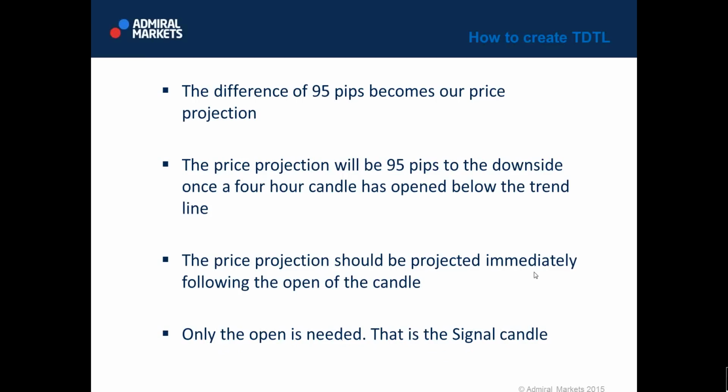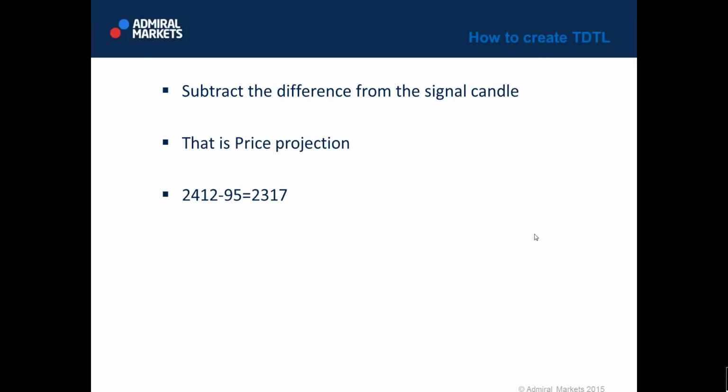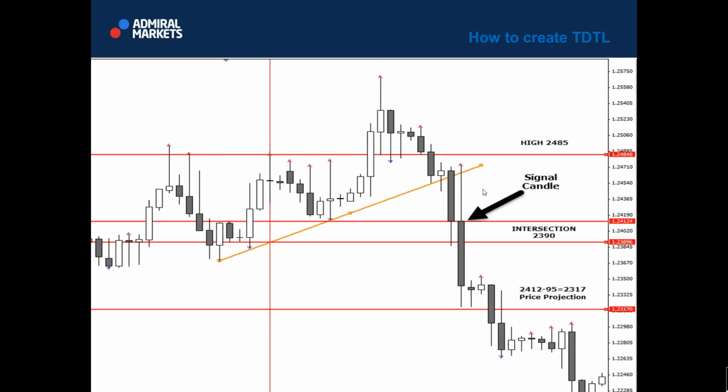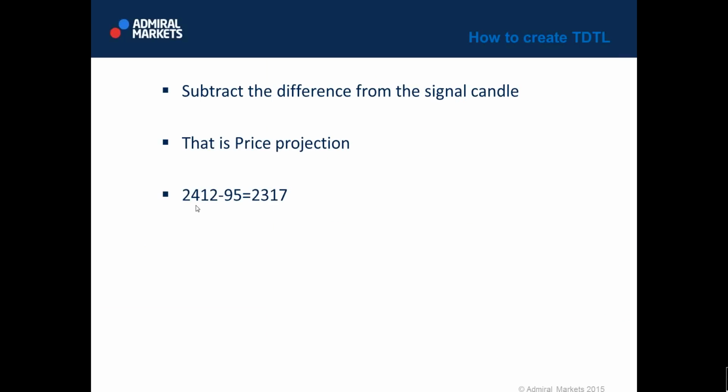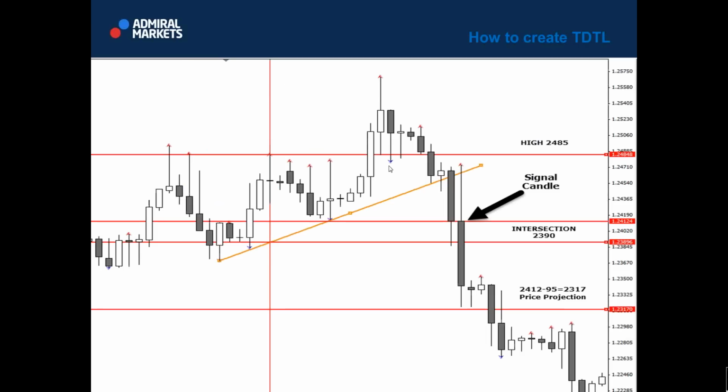Now subtract the difference from the signal candle. That's the price projection. So we will see in this example, we have 24.12 minus 95, which will give us 23.17. Okay, this is the chart, and this is how he calculates the target.